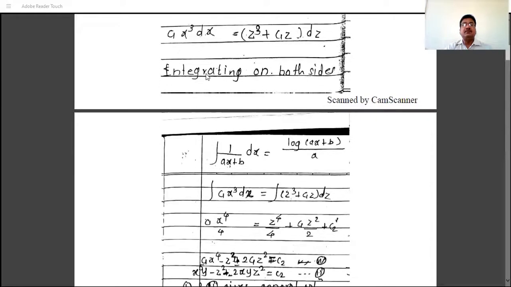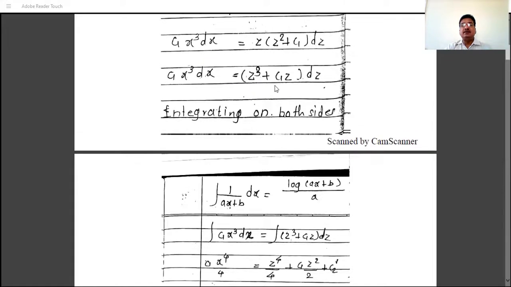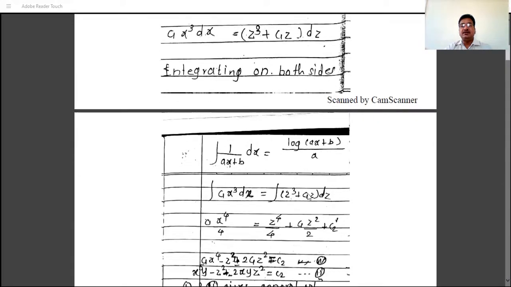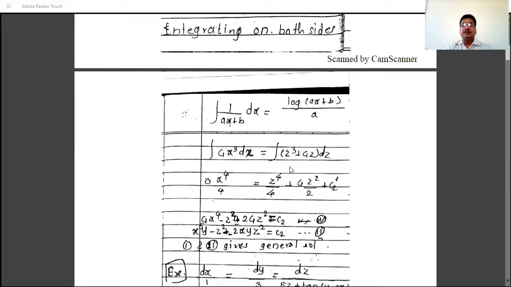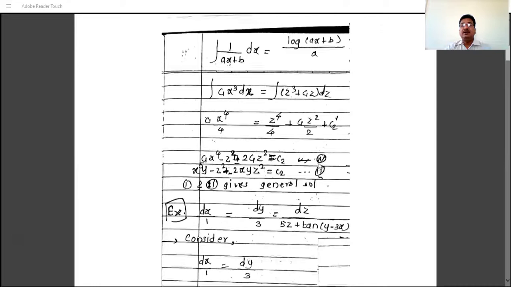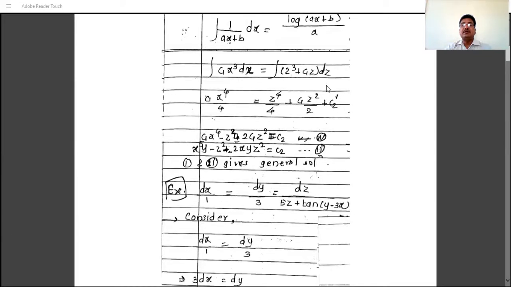And integration of x cubed is x raised to 4 by 4. And the integration of dz, z is the variable, of z cubed plus c1 z: z cubed integrates to z raised to 4 by 4, and the integration of z is z squared by 2.